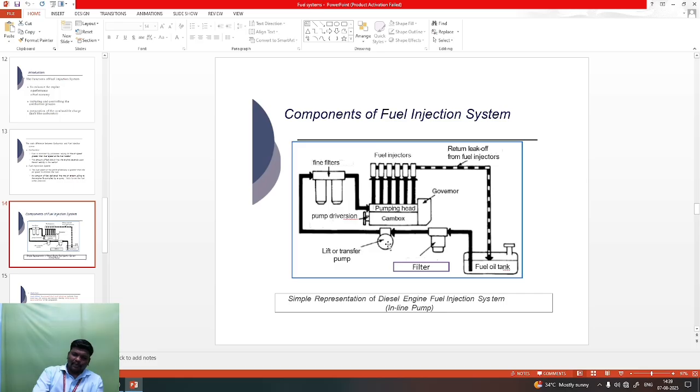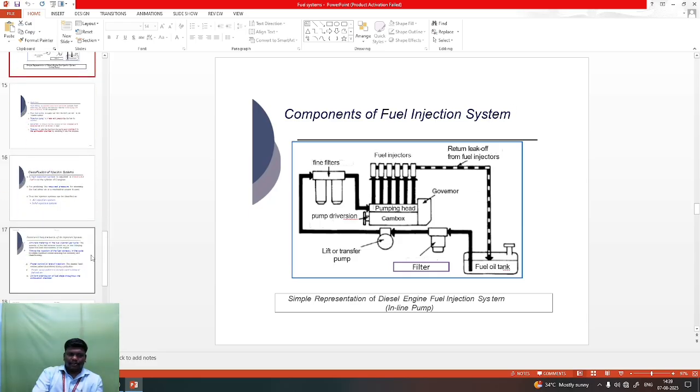From the pump it goes to the fine filters. In the fine filters, the remaining minute dust particles or abrasive materials are removed, and it passes through the fuel injectors into the engine. So these are the fuel injection systems.